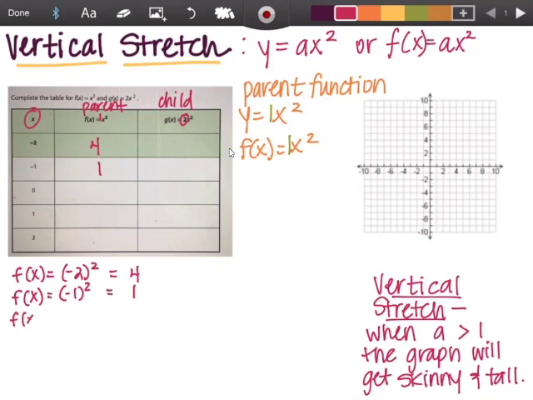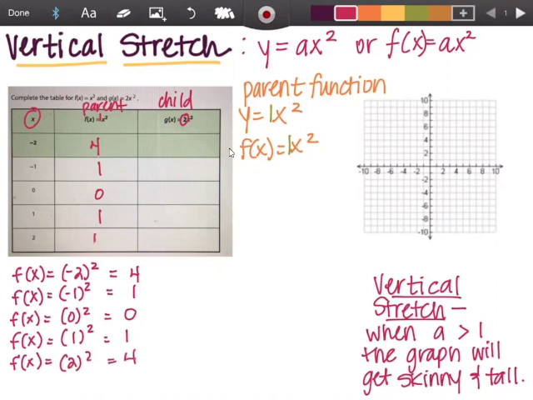F of x is equal to 0 squared, which is equal to 0. And we would keep going until we've completed all of our rows. So f of x is 1 squared, which is 1. And f of x is equal to 2 squared, which is equal to positive 4.